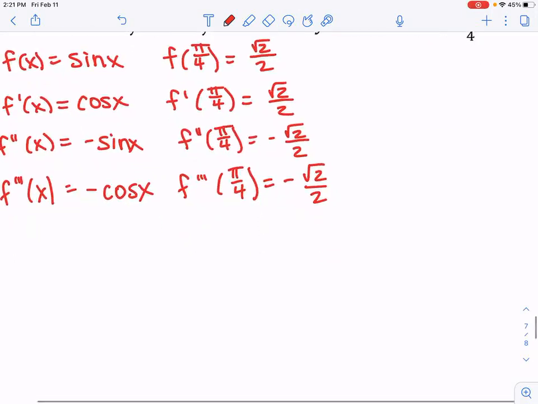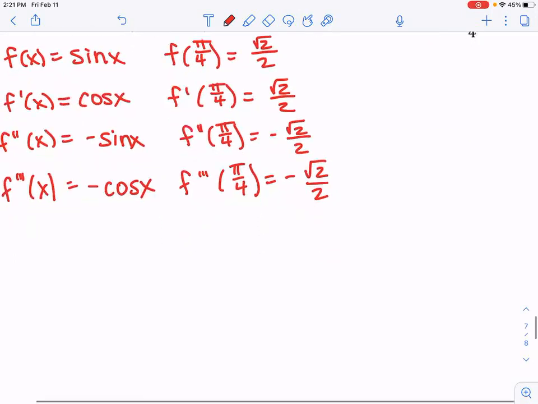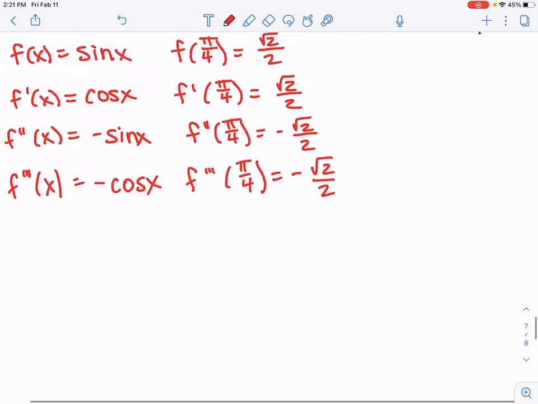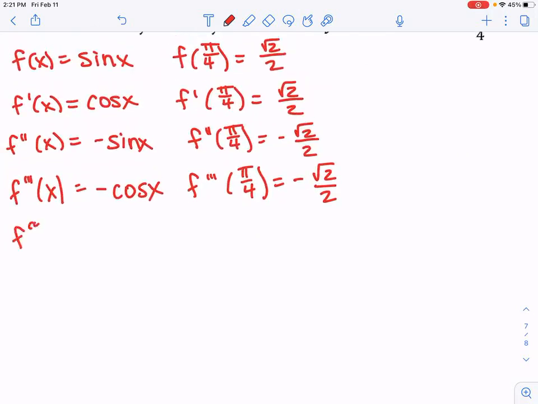Do you see a pattern? Oh, these cyclical derivatives. We're going to have just this pattern, right? Positive, positive, negative, negative, positive, positive, negative, negative.